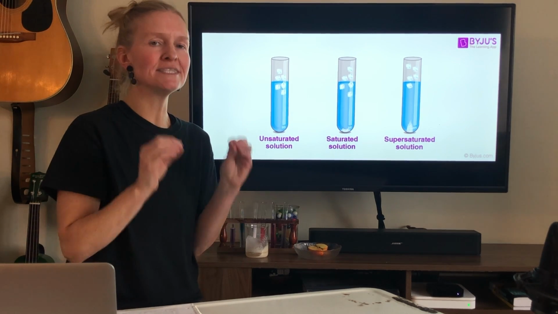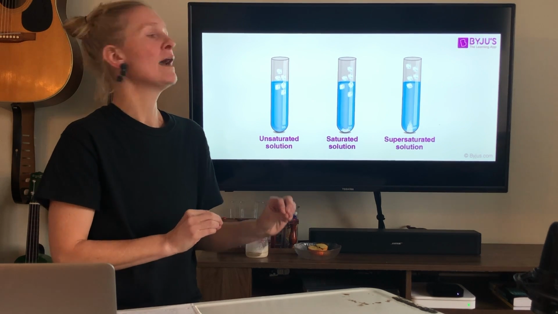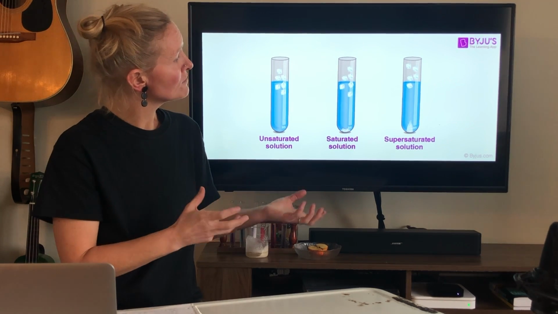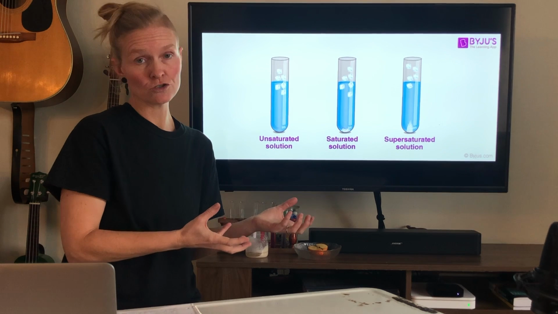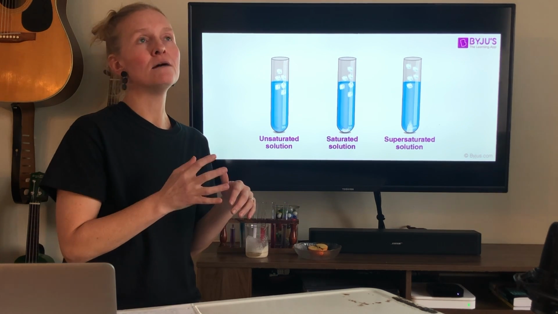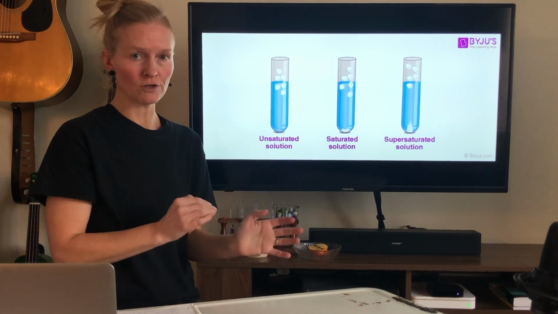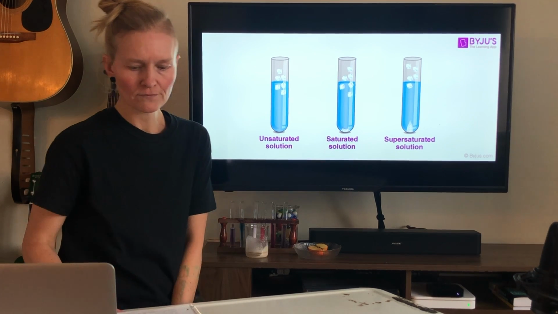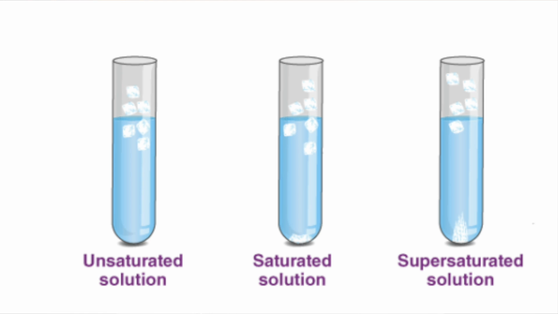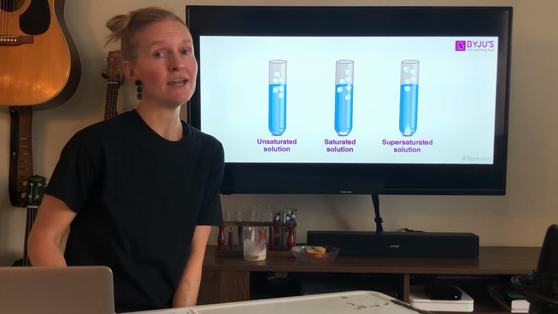It will precipitate out and form things like crystals at the bottom of your solution because you've gone past that maximum amount of solute. So a supersaturated solution will result in some of the solute precipitating out of the solution and not dissolving.